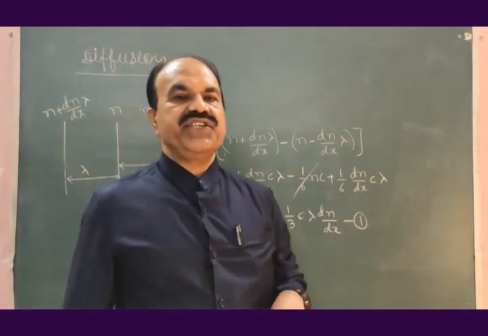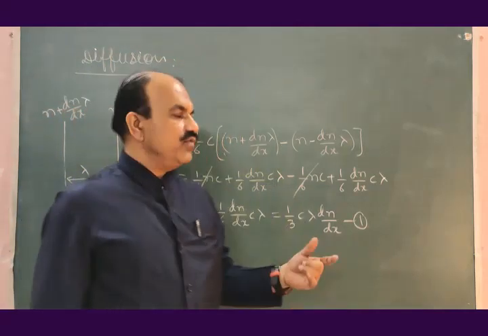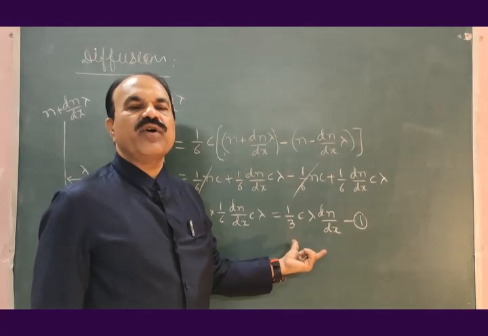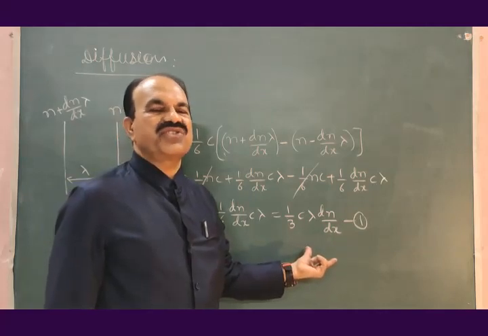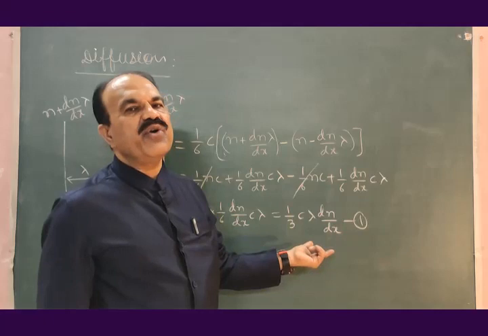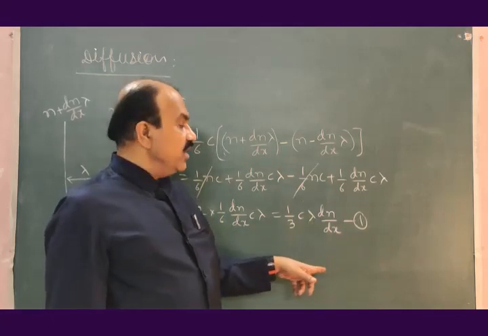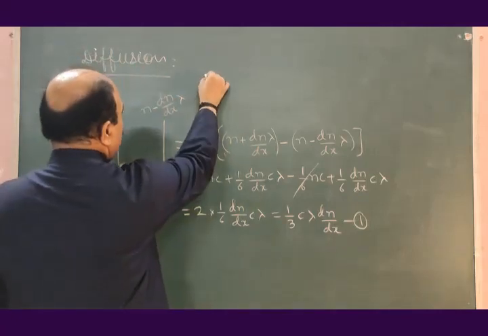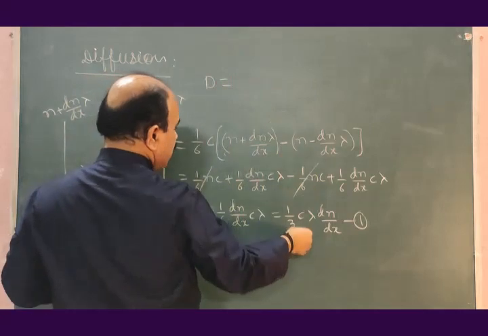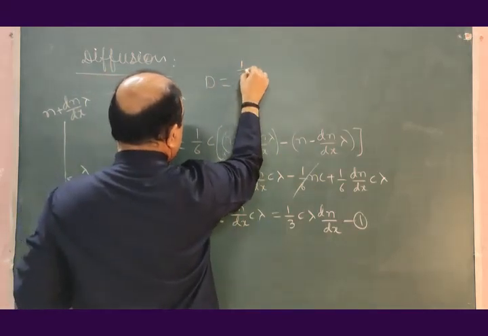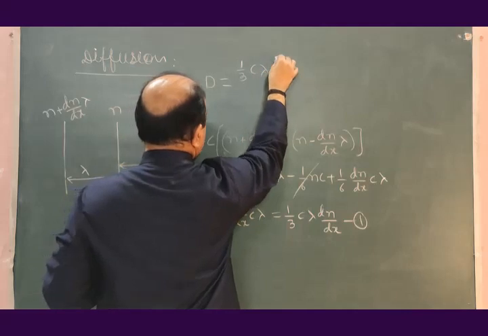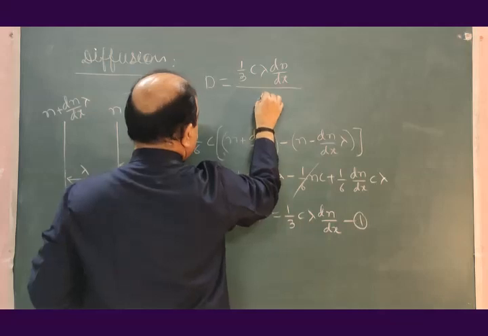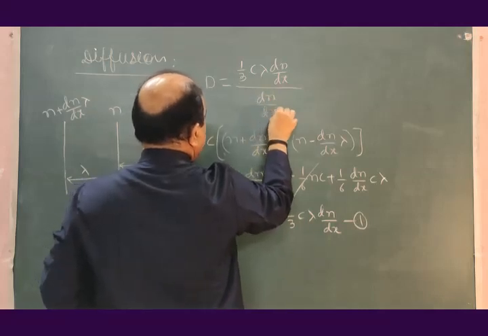Diffusion in gases is defined as the ratio of the number of molecules transported from higher concentration to lower concentration per unit area per unit time to the concentration gradient, and therefore D is a ratio of this 1/3 c lambda dn by dx divided by dn by dx.